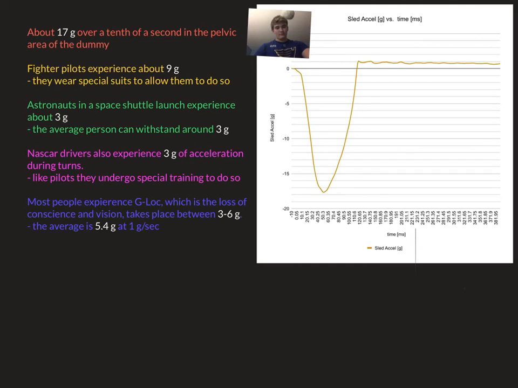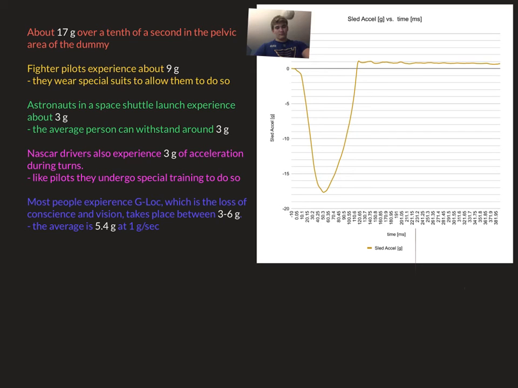So it's dependent on the mass. So the greater the mass of the person, the lower the force of acceleration will be. So as this person's weight would increase, the amount of acceleration acting upon them would decrease.